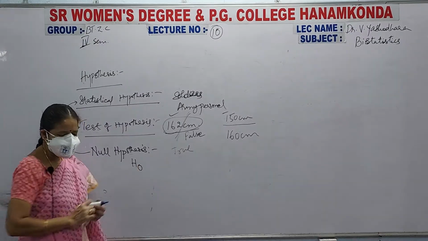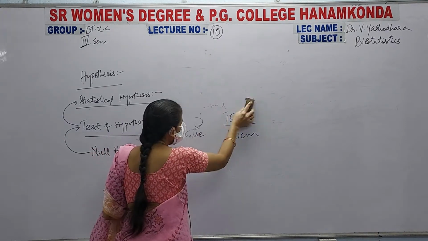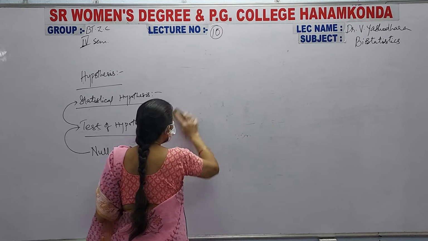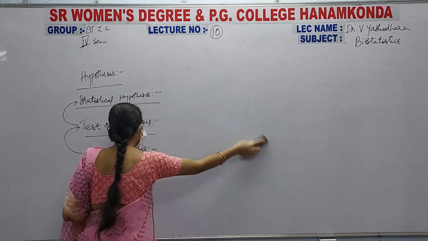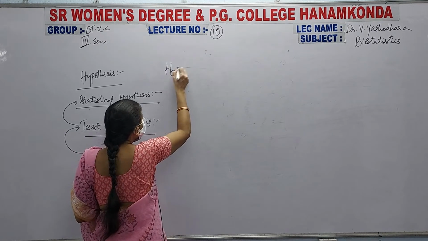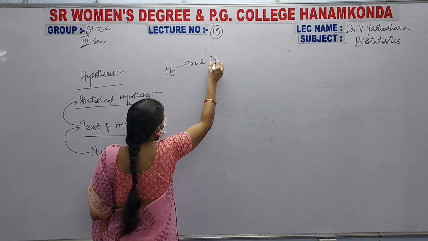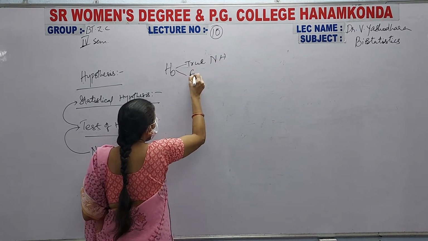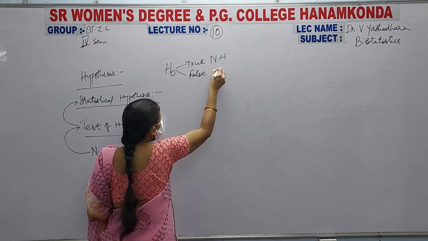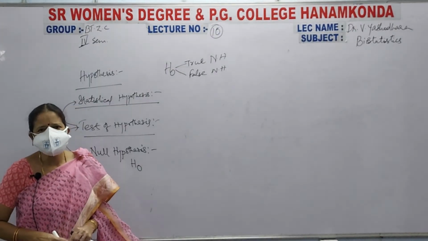Now see here, coming to the H0, the null hypothesis, it is of two types, true null hypothesis and false null hypothesis. Okay, true null hypothesis and false null hypothesis.